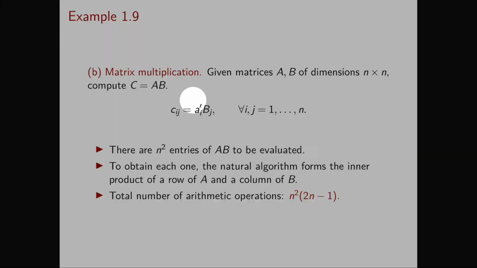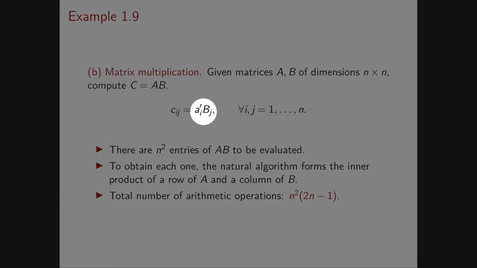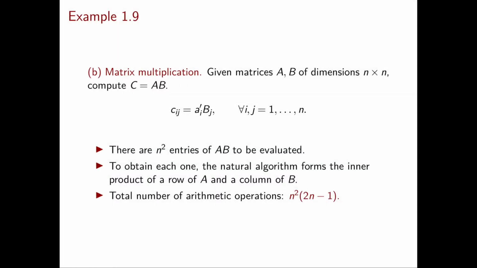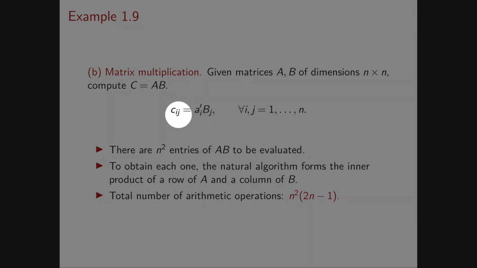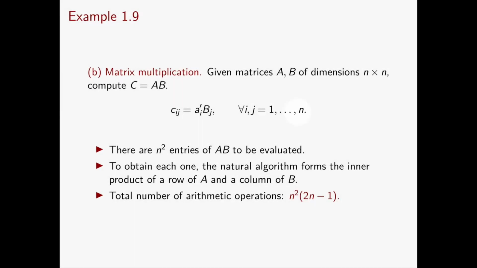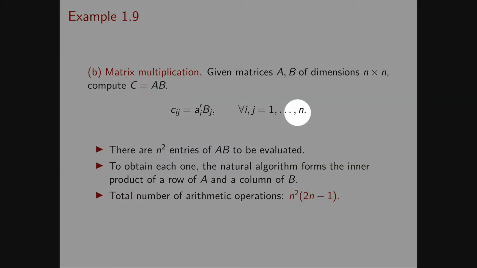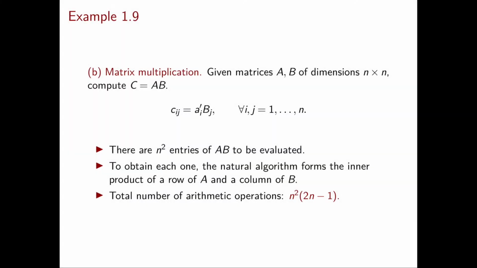To obtain our matrix C, we need to perform such an inner product a total number of n squared times, because we need to obtain every entry Cij for every i, j from 1 to n. So the total number of arithmetic operations is n squared times (2n minus 1).